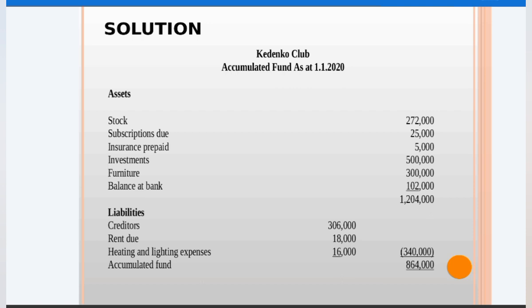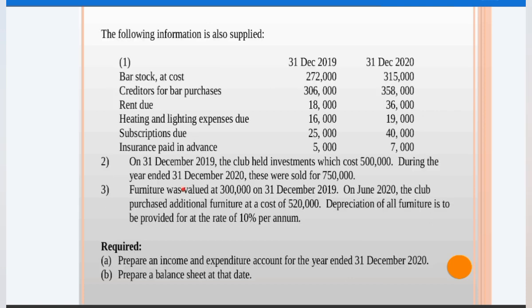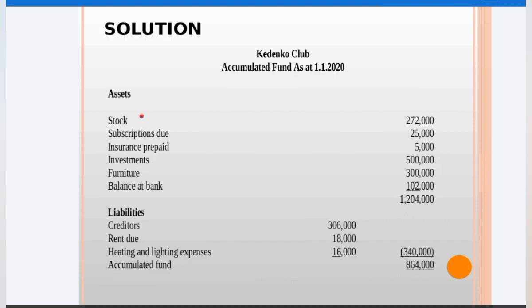When we look at the solution to this illustration, we first look at the accumulated fund, as I said. The first thing we show is our stocks, which is 272,000. That is the opening stock, because we are determining the accumulated fund at the start of the year.